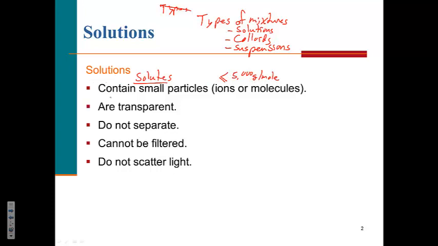But other properties of solutions: they are transparent, so you can see through them. They do not separate upon standing. So if you just let it sit there in the test tube or in the beaker on your benchtop, it's not going to separate out into the solute and the solvent. Furthermore, they cannot be filtered.